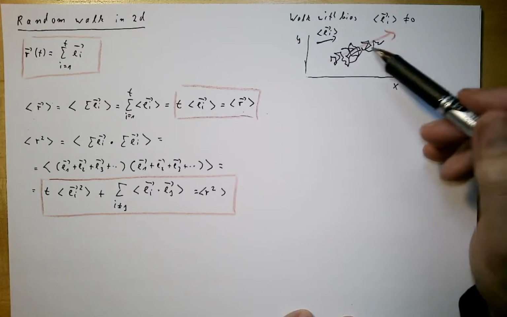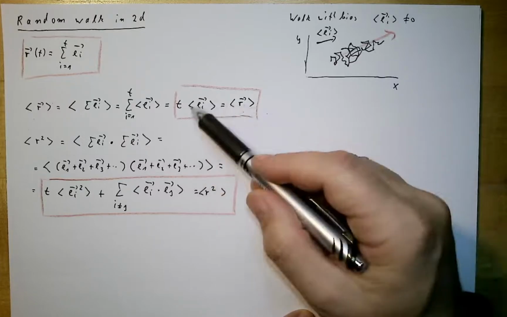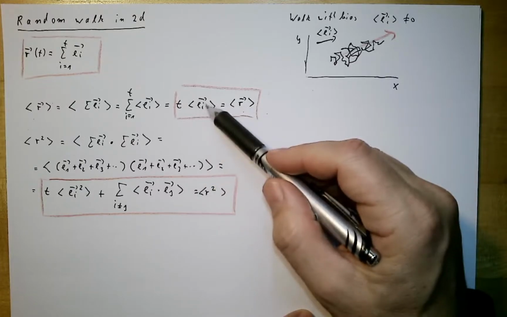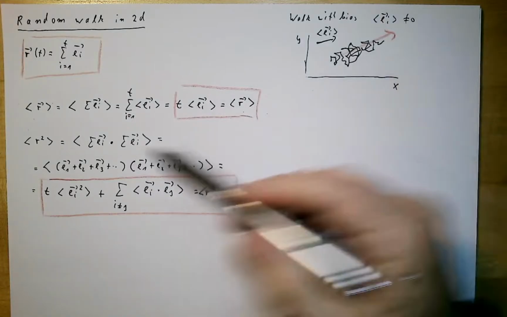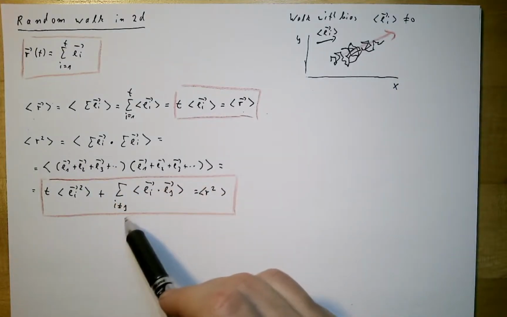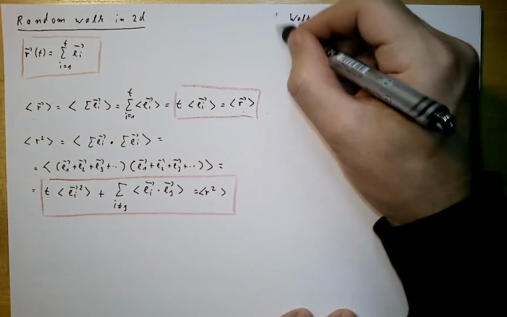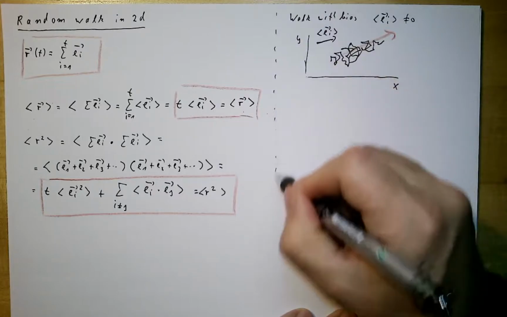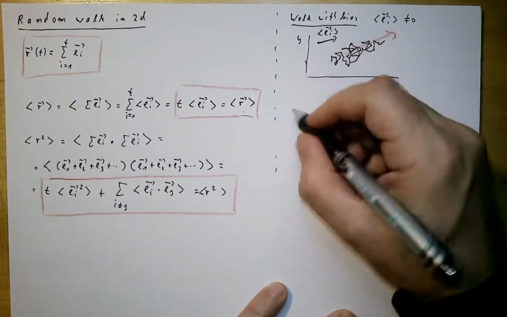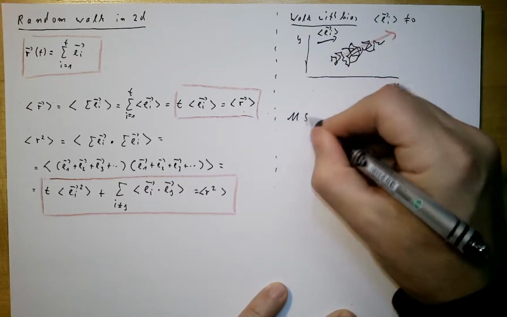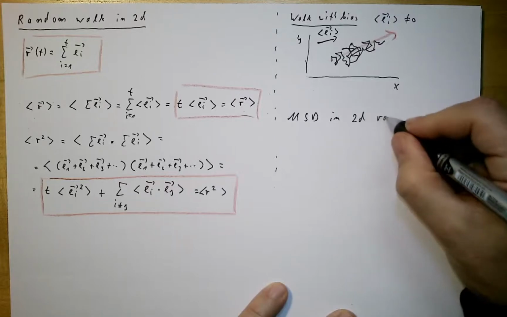So as usual, we can always restrict ourselves to a situation where the expectation of the increments is 0 if we go to this moving coordinate system, and then we're interested in the mean square displacement of the remaining movement. Now what does this mean square displacement tell us? Mean square displacement in a 2D random walk.